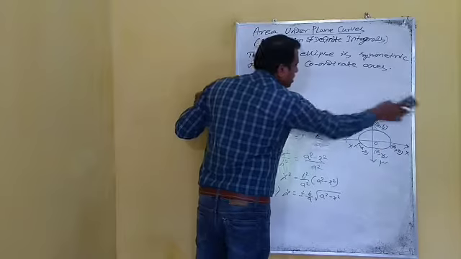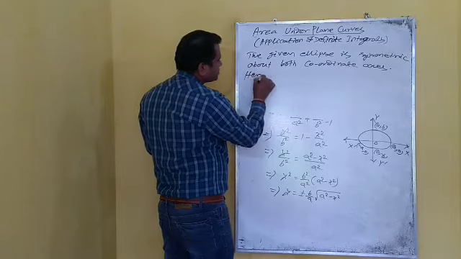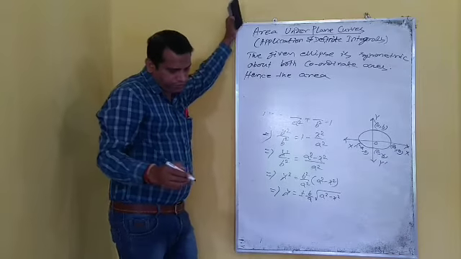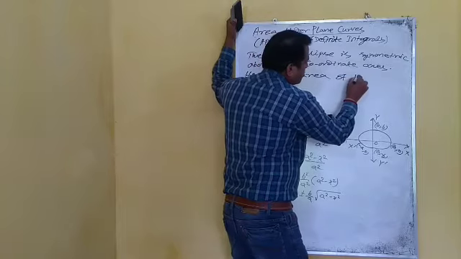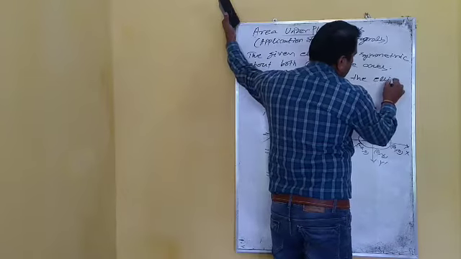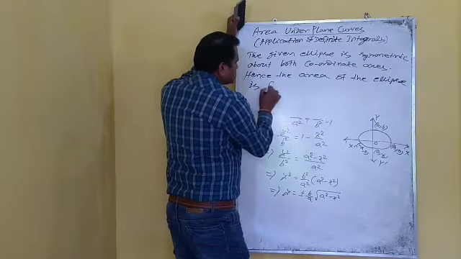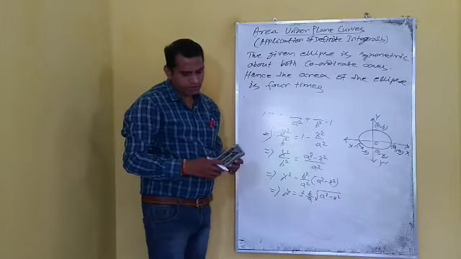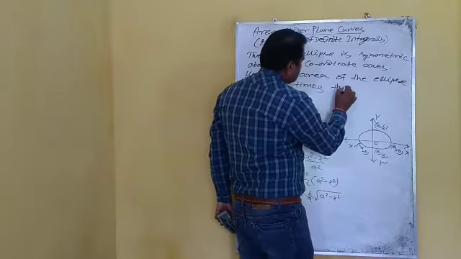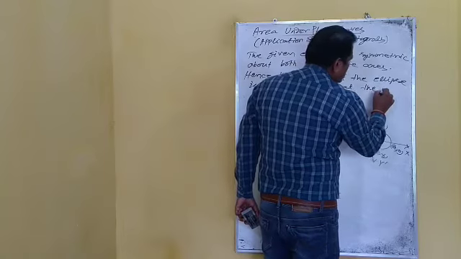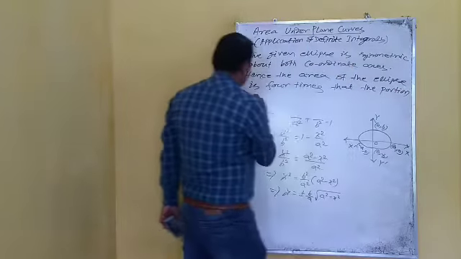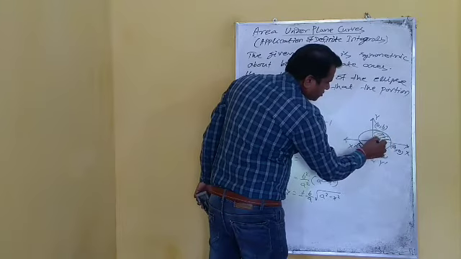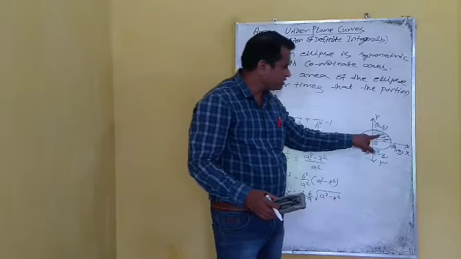Hence the area of the ellipse is 4 times the portion, or region, of the ellipse, that means 4 times of this portion.